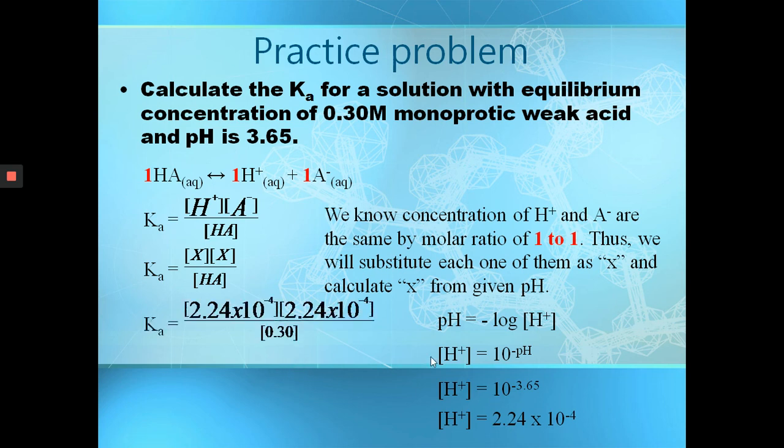Now I'm going to plug this number into the formula again. And again, the concentration of hydrogen should be the same as the concentration of anion. So multiply them together and divide by the concentration of HA, which was given to us, 3.0 molarity. And that will give us the Ka value.